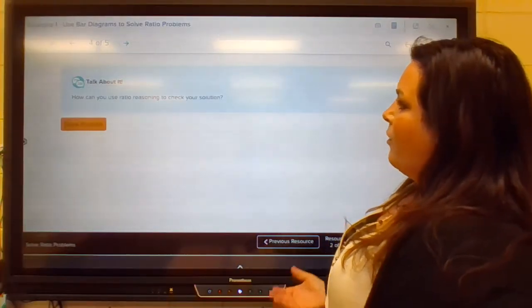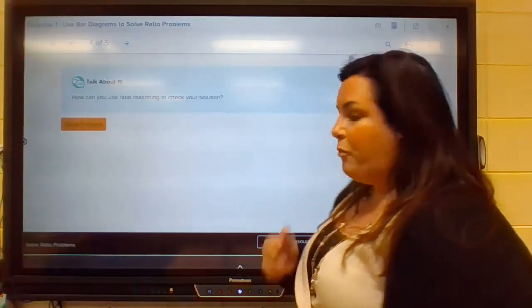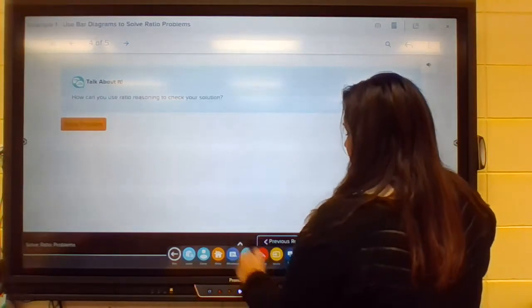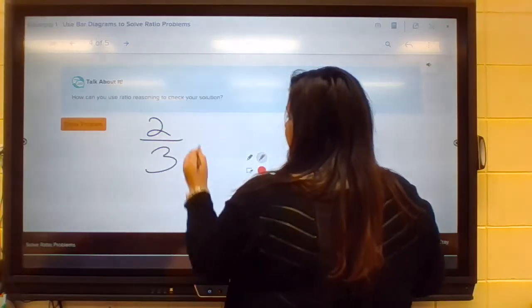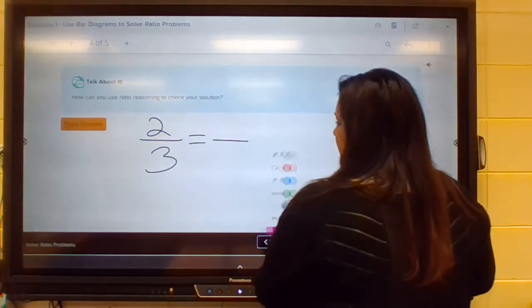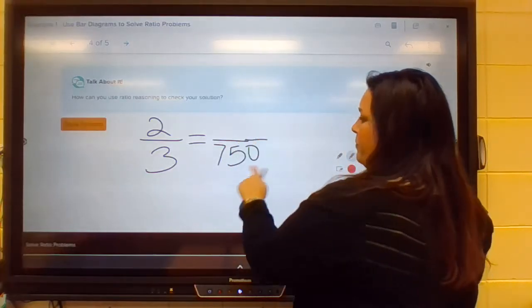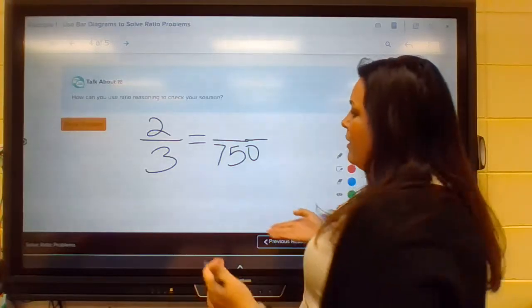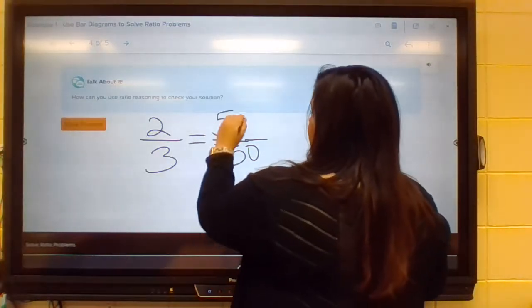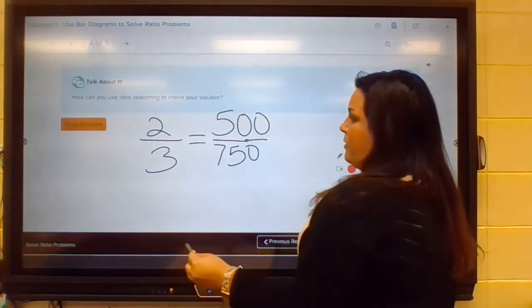Now, how can you use ratio reasoning to check your solution? Well, we had 2 out of 3, and we knew that 750 students total belonged in our middle school. And we said 500. Are these ratios equal?